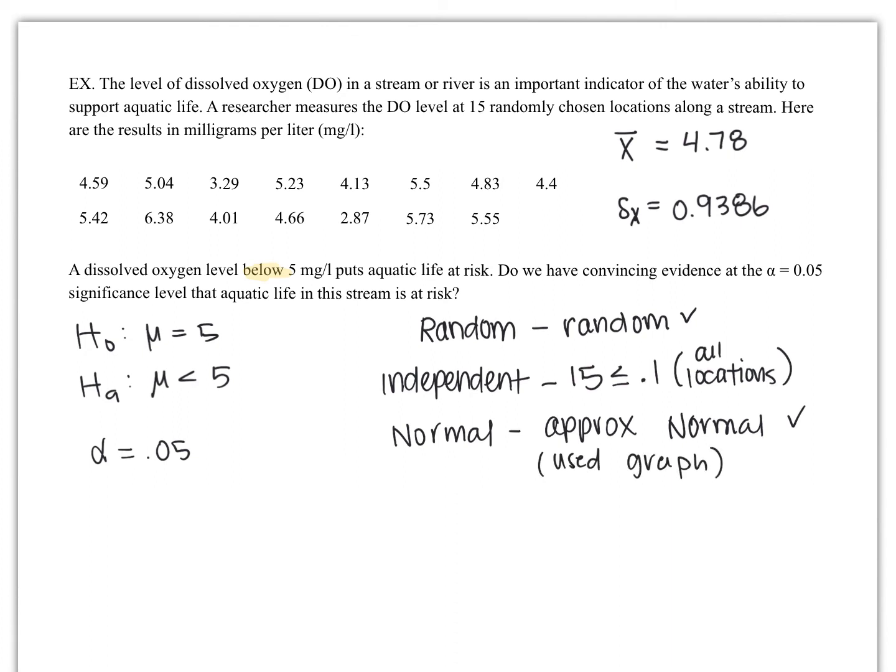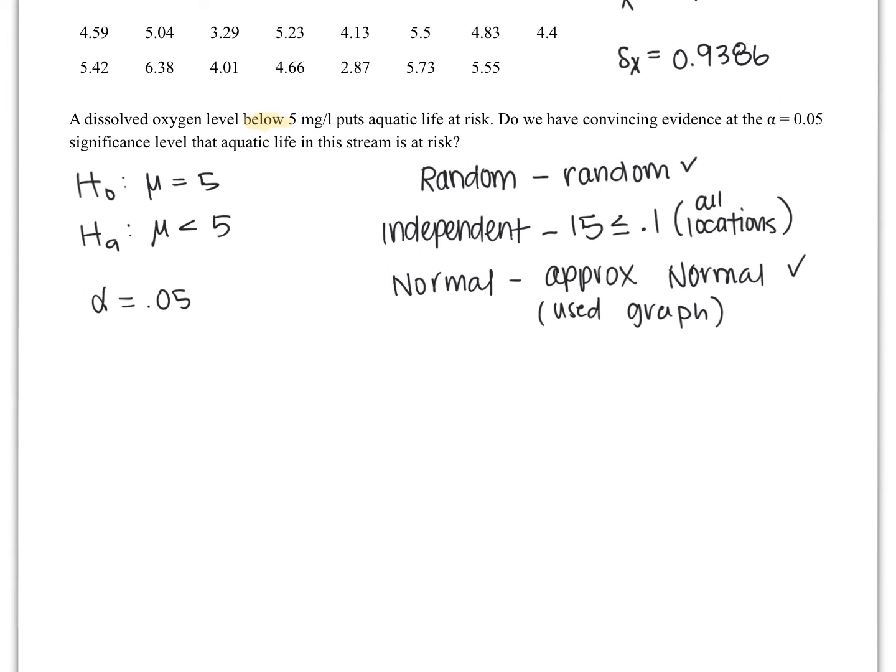Okay, and again, when we're choosing what test statistic to use, we're going to use t because we're working based off a sample. So our sample mean was 4.78 minus 5, all over our sample standard deviation, 0.9386, over the square root of 15.